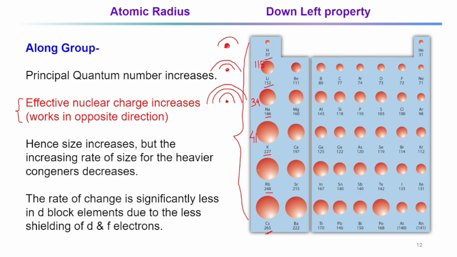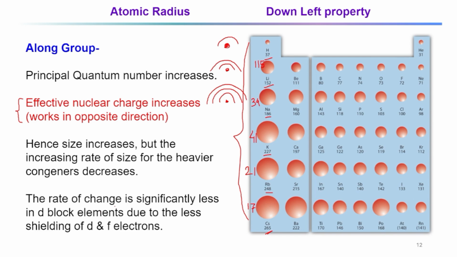Now from potassium to rubidium, you can see the change is only 21 picometer. Now from rubidium to cesium, the change is just 17 picometer. So you can see as we go to the heavier atoms, the atomic radius is increasing, but the rate of increase decreases.